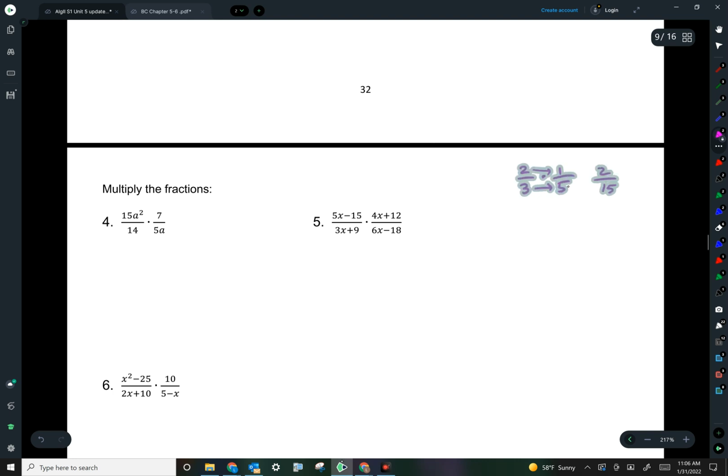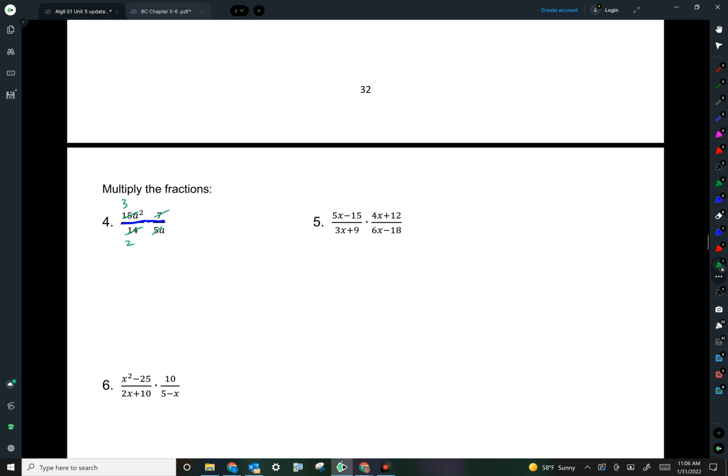Well, the same thing is true with rational expressions. Just because there's variables doesn't change those rules. So if I'm going to multiply straight across, I can just think of this as one big giant fraction, right? So now, if I want to cancel, I can say, well, 7 goes into 14 2 times. I can say 5 goes into 15 3 times. Even though that 5 is being multiplied by a, because it's a factor, it's okay to cancel the 5 and the 15.